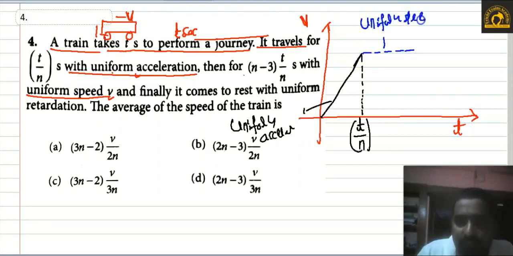This is the uniform speed. Up to the time of how much? Up to n minus 3 into t divided by n.